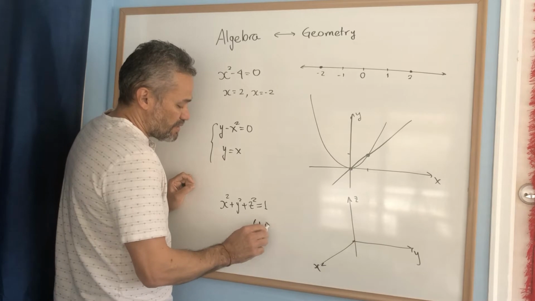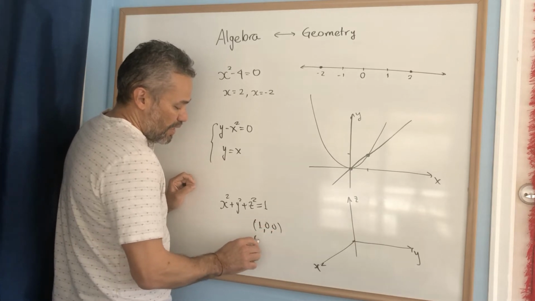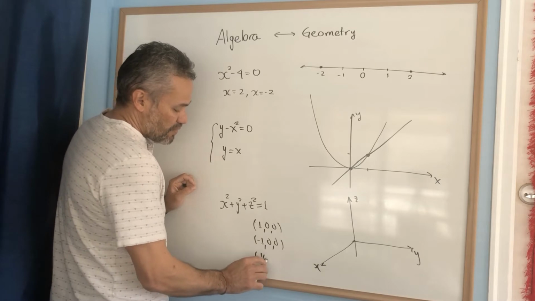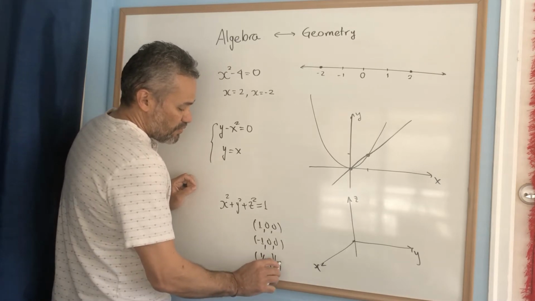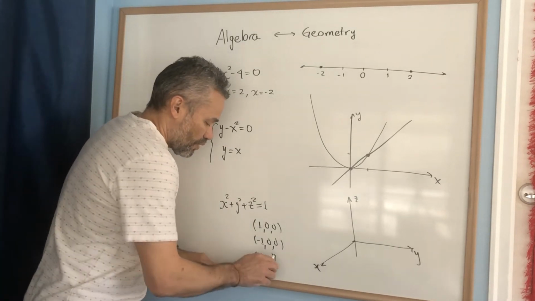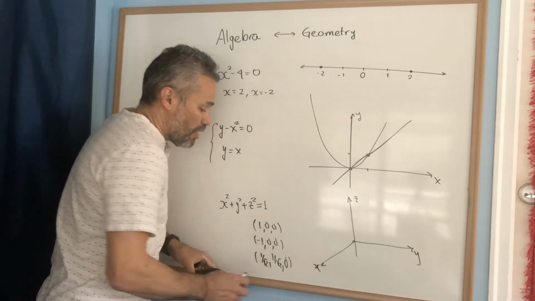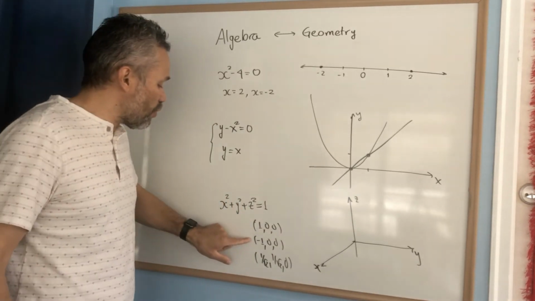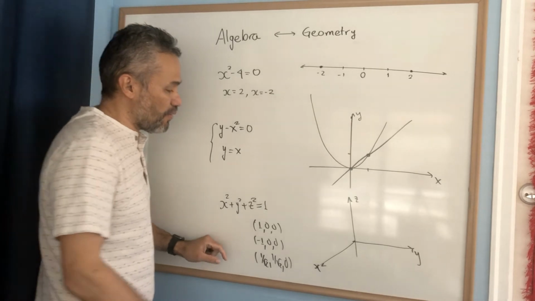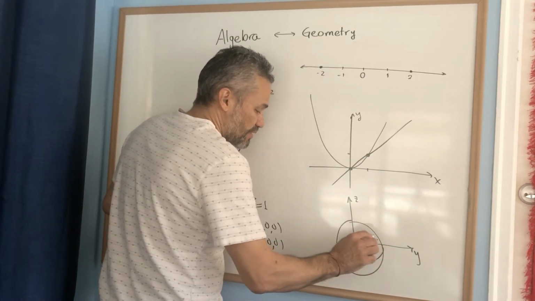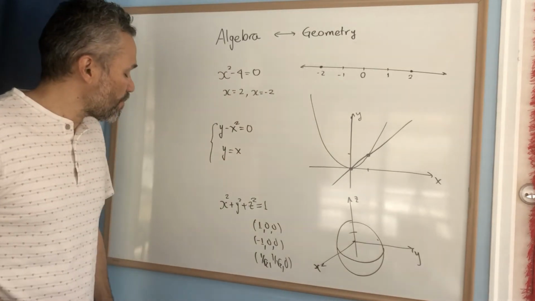For example, 1, 0, 0, or negative 1, 0, 0. Another point would be 1 over the square root of 2, 1 over the square root of 2, 0. And you can see that there are infinitely many points, and when you decide to plot all those points that satisfy the equation, you will get a sphere of radius 1.